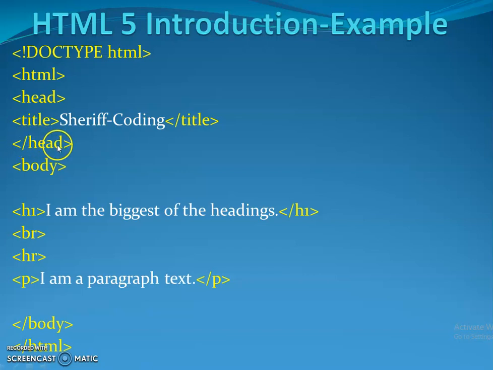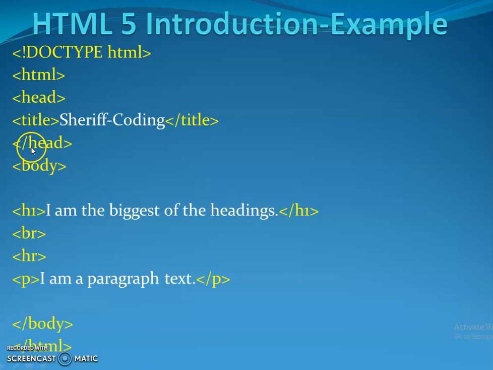Now, one thing about HTML, when you have an opening tag, you have a closing tag, but it's not always true. You have some exceptions, such as the image, the break, and the HR tag, like this one. They don't have a closing tag. They are just the way they are.